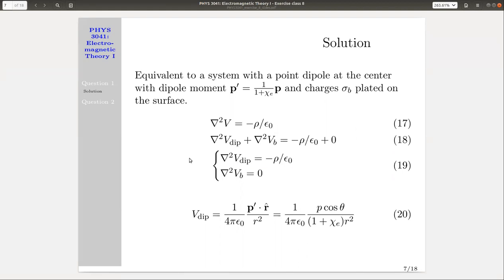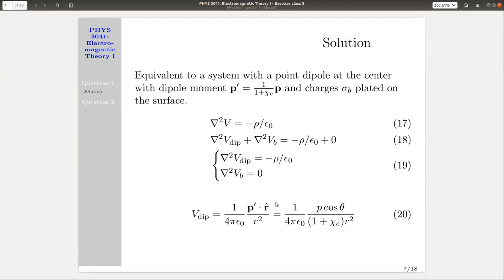the potential contribution from the point dipole, and again we do not really have to solve that because we know what the form of the dipole potential looks like, which is simply 1 over 4 pi epsilon naught times the dot product between the dipole moment and the unit position vector, over r squared.